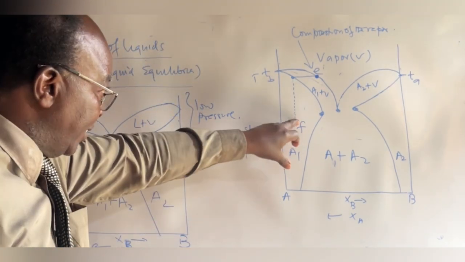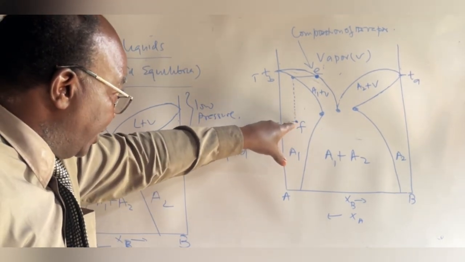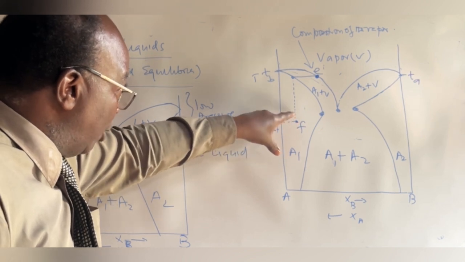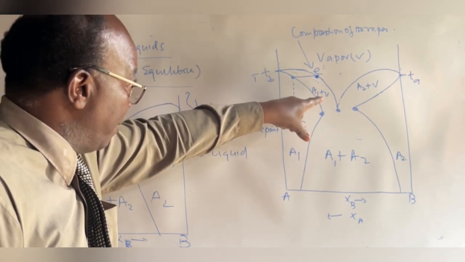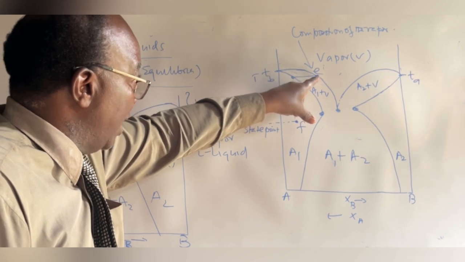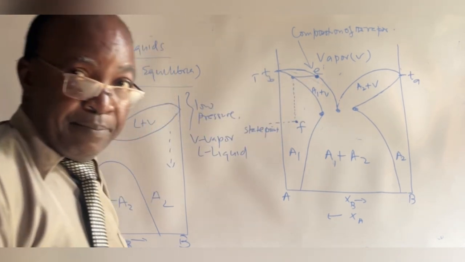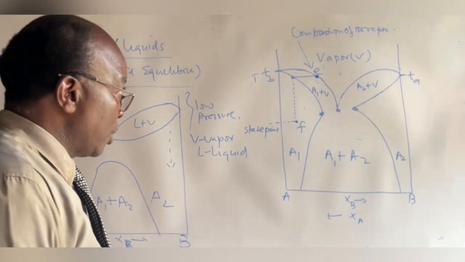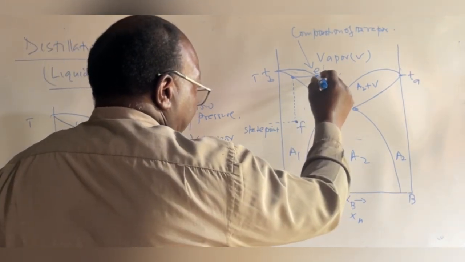So as you raise the temperature of the mixture whose state is given by this state point here, you will continue increasing the temperature. When you reach that point there, you will start forming vapor, and the composition of that vapor will be E. Pay attention to that.